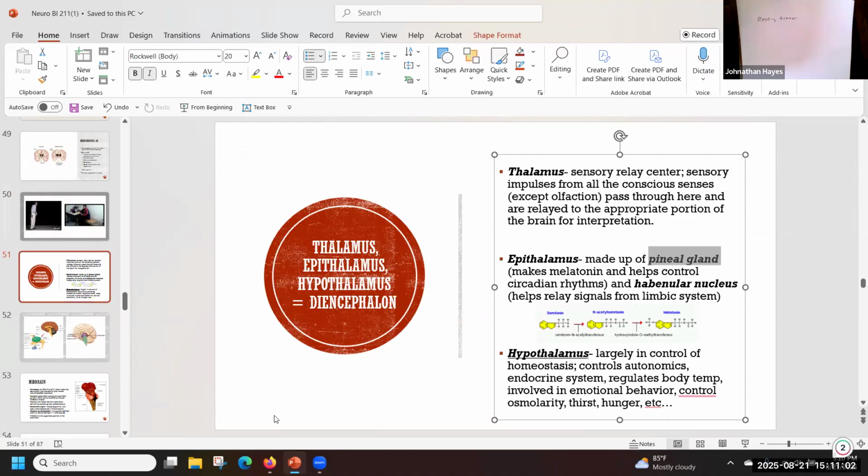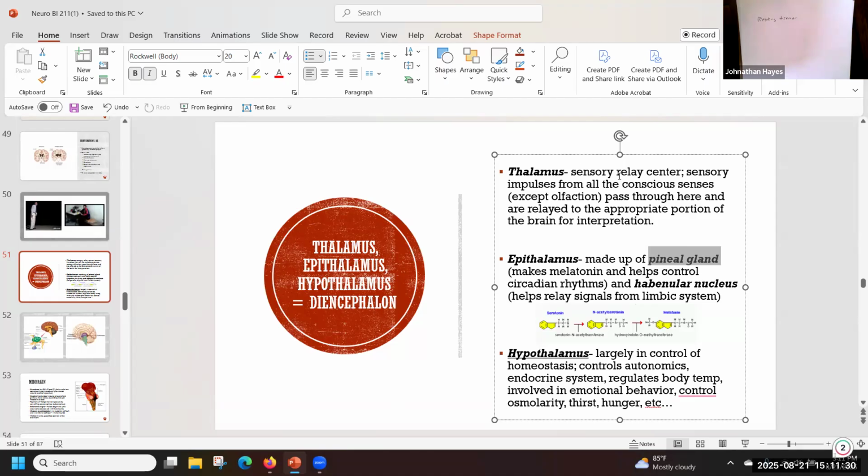Problems with the gland could lead to problems with sleep, eventually mood, because we need melatonin to sleep. And during the day, melatonin gets converted to serotonin, which helps you feel good. So sometimes if people have pineal gland problems or they work, say, third shift, they get seasonal affective disorder. Or if you don't get enough sun exposure, you can get seasonal affective disorder.